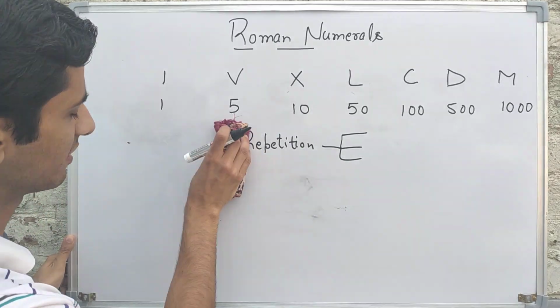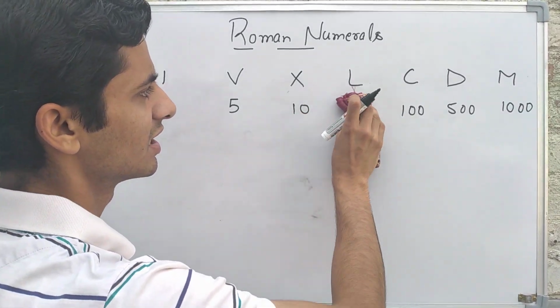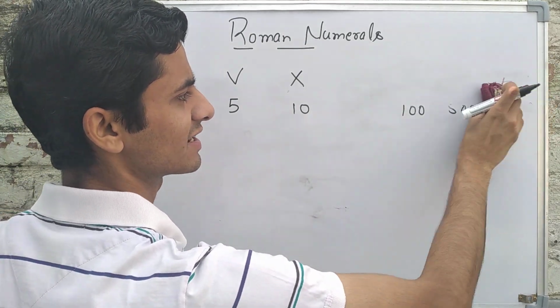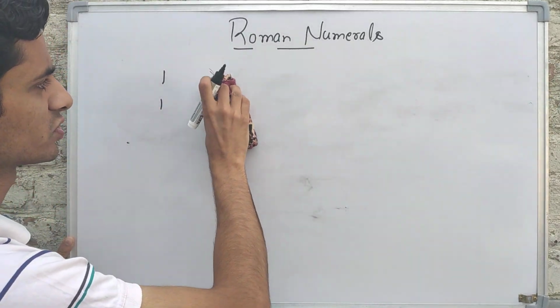What does this rule of repetition say? Under this rule of repetition also there are some sub rules, and those are as follows.